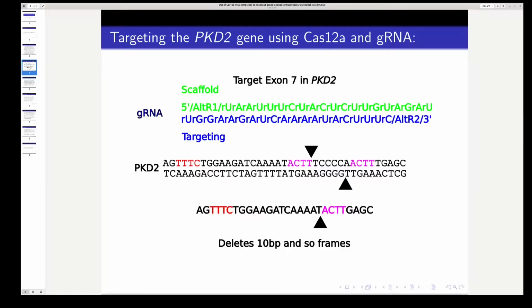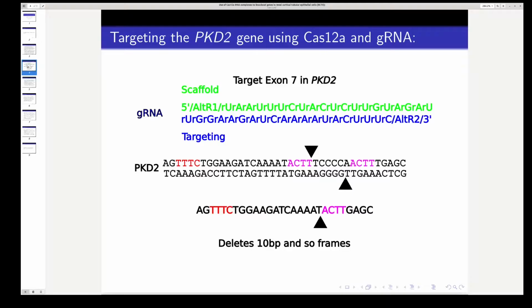So what we're going to do is we're going to be targeting the PKD2 gene using Cas12 and a guide RNA, a gRNA. Now, the MENFU program selected a target in exon 7 in PKD2, and so that's got two nice microhomologies, as we'll see in a minute, and it has a Cas12a site that will cut between them.